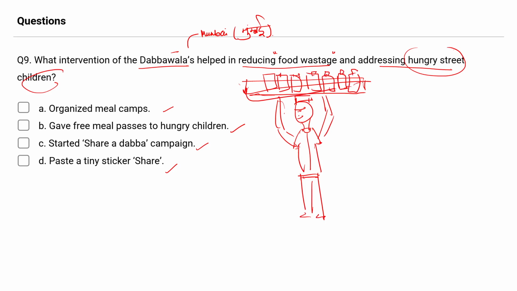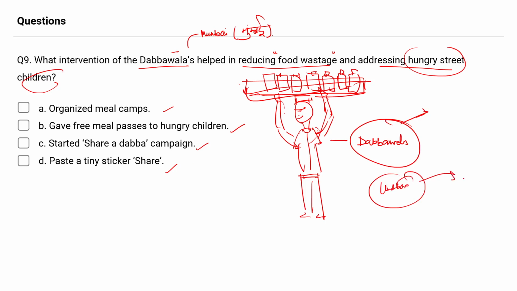Their idea was to take the dabbas from one end to the other end, and that's how the dabbawalas were serving their job. They would take the lunch boxes from the house and deliver them to the place where the user needs the tiffin.